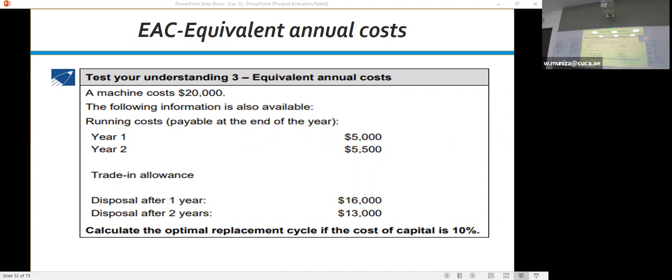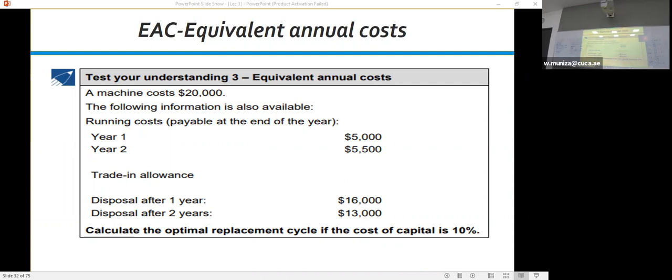Yeah, but for the second one, for the second year also you have to take a discount. 18,350 for the second case? Yes, 18,350, very good.